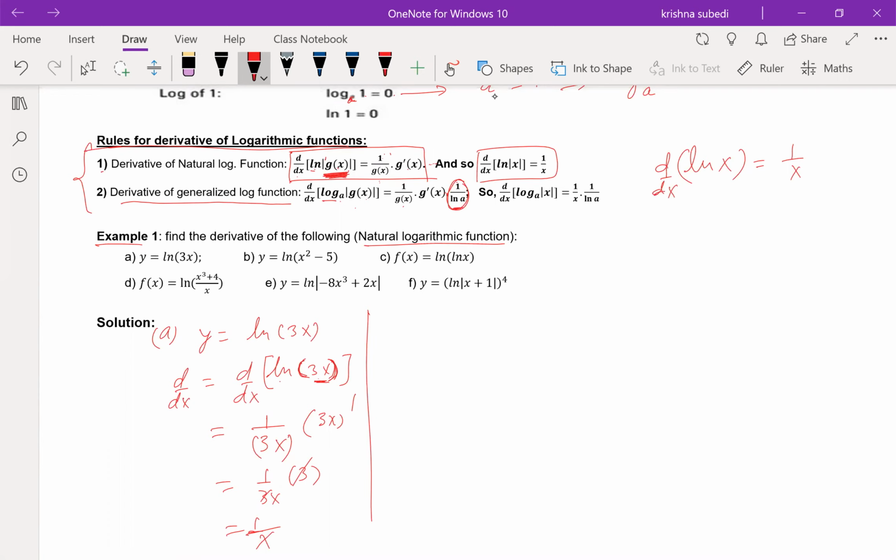Okay, let's try part C. f of x is given as ln of ln x.